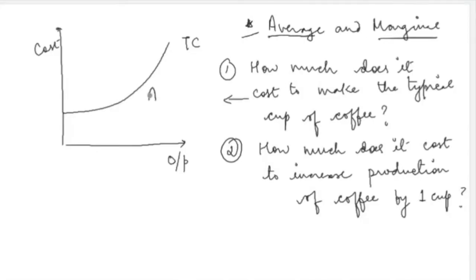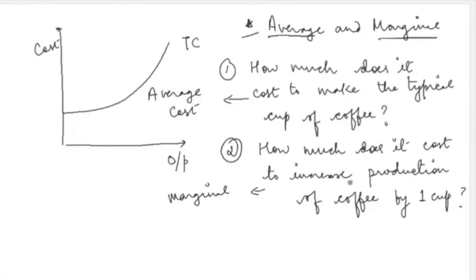The answer to the first question is nothing but average cost. So basically, average cost tells you that on an average, what is the cost incurred? What is the cost of production of an average cup of coffee, of a typical cup of coffee? Marginal cost, on the other hand, tells you the cost of an additional cup of coffee.